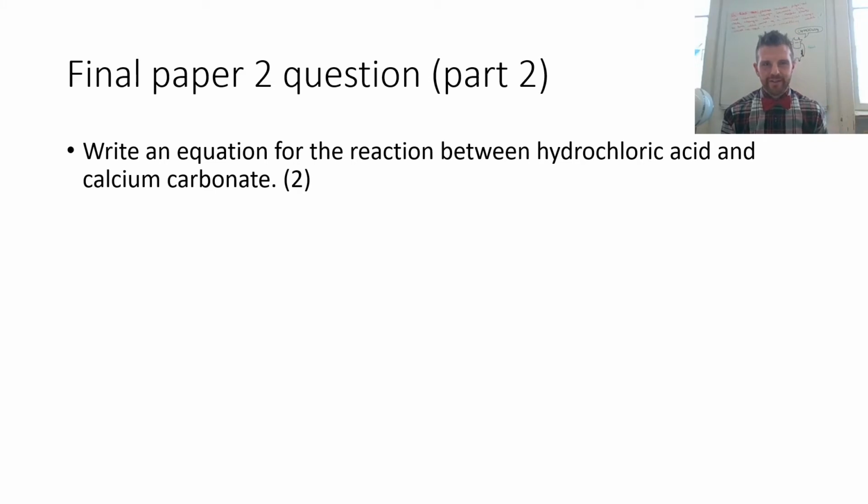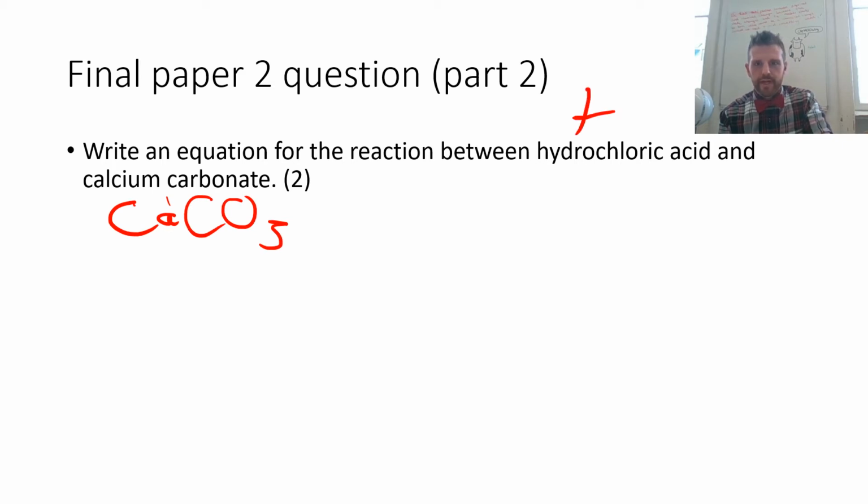How convenient of a second question is this? Because I used it literally to explain the logic behind the last one. So we know calcium carbonate, CaCO3, and hydrochloric acid, HCl. I'm going to just smash these guys together.